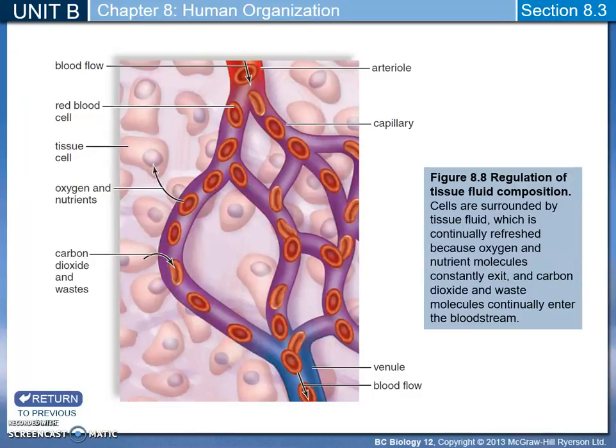Cells are surrounded by tissue fluid, which is continually refreshed because oxygen and nutrient molecules constantly exit, and carbon dioxide and waste molecules continually enter the bloodstream. This is not a bad diagrammatic representation of how that exchange takes place, and some of the structures and components which enable that to take place.